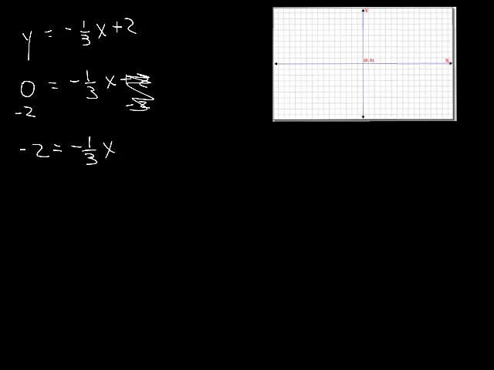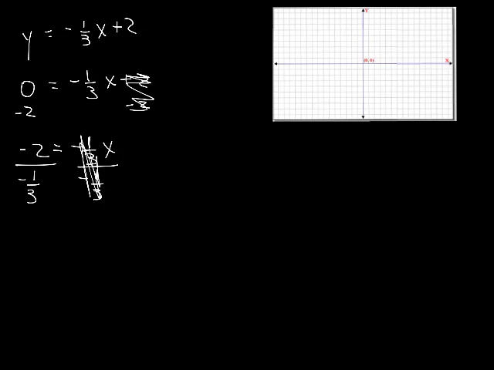What we're going to do here is get rid of this negative 1/3. Notice this negative 1/3 is being multiplied by the x. So in order to get rid of it, I divide by it, and then I divide this side. And this goes away.